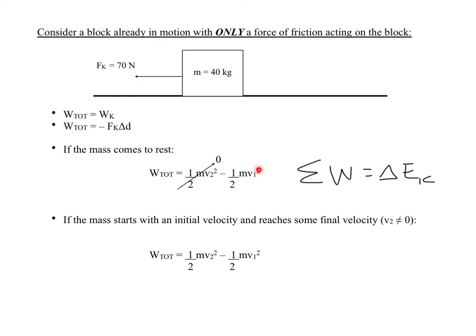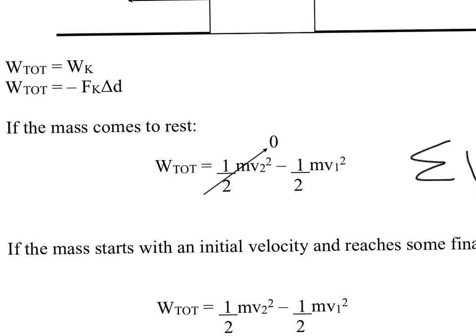It makes a lot of sense because the total work that's being done is equal to negative Fk delta d, which would be equal to negative 1/2 mv1 squared, and as you can see, those two negatives will now just cancel out.